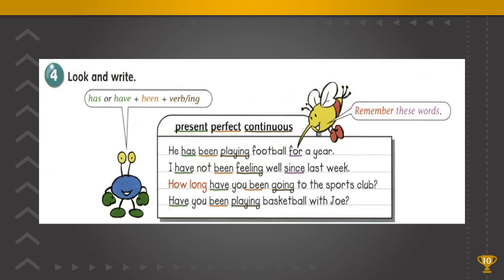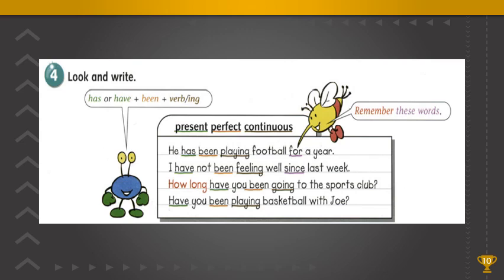Third one, how long have you been going to the sports club? So this is a question form that starts with how long. So the answer would be, have you been going to the sports club? So we have here has or have plus been plus verb plus ing becomes present perfect continuous.